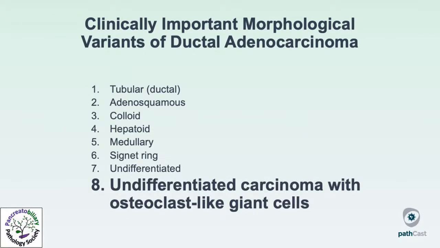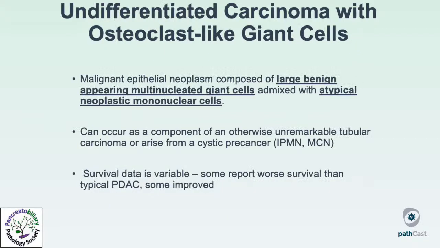So then the final category of variants that I want to talk about is undifferentiated carcinoma with osteoclast-like giant cells. This is a malignant epithelial neoplasm with large benign appearing multinucleated giant cells admixed with atypical neoplastic mononuclear cells.